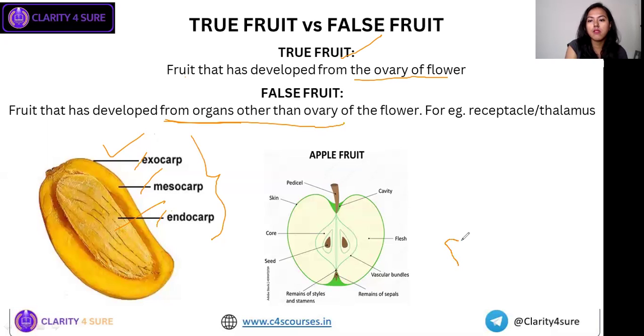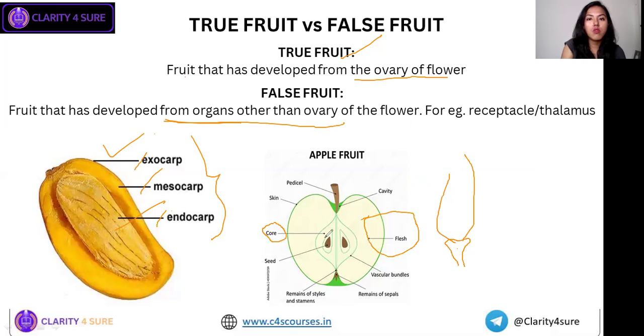The thalamus is the structure over which the whole gynoecium is housed. So in apple, this thalamus develops into this fleshy portion, right? And this is known as what? You can see here, the core is given, right?